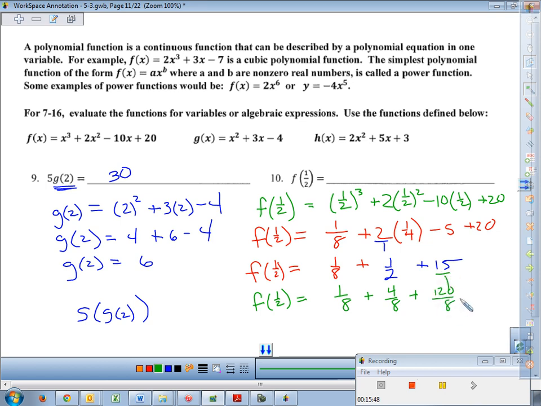Is that cool with you? Yes or no? Now, add them all up. Real simple. It's over 8. All you got to do is add the numerators together. And how much do you get up there? Done. 125/8.